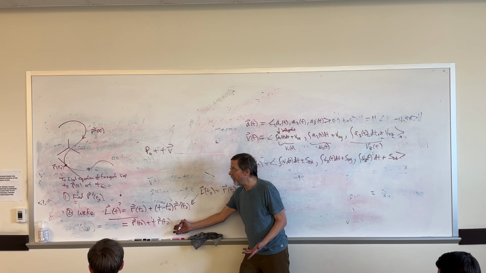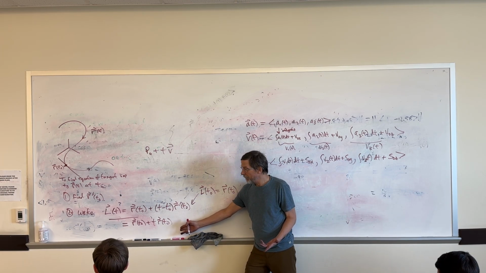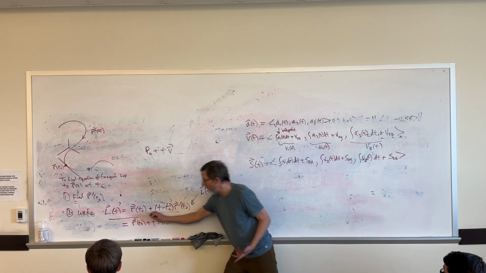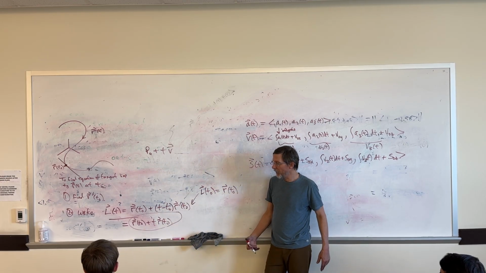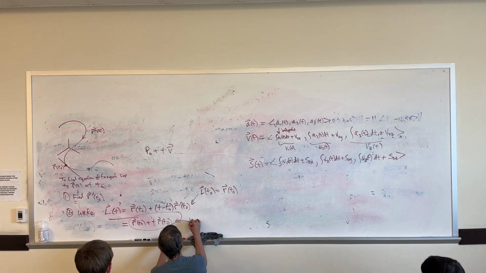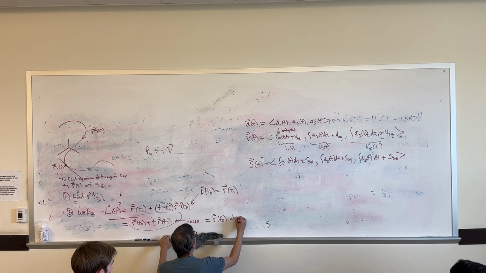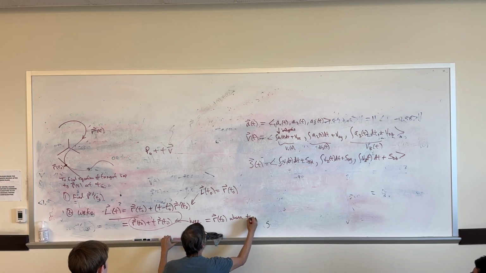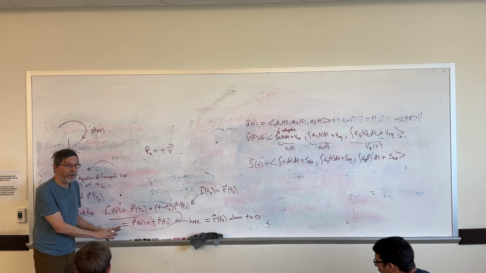What t value do I need here to be at the point of tangency? What t value just gives me r of t naught out? Zero. So for this one we have equal to the point of tangency when t equals 0. So this is totally cool.